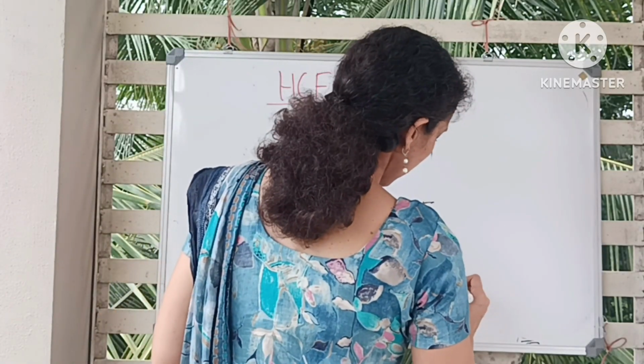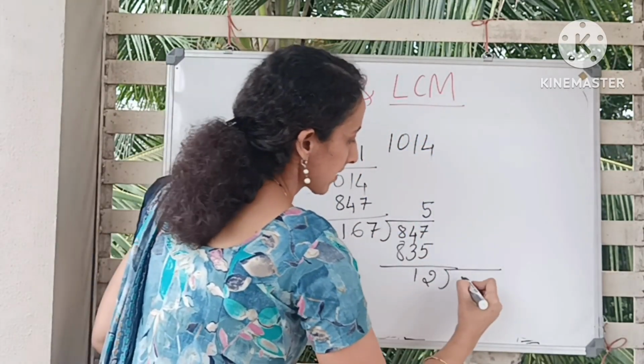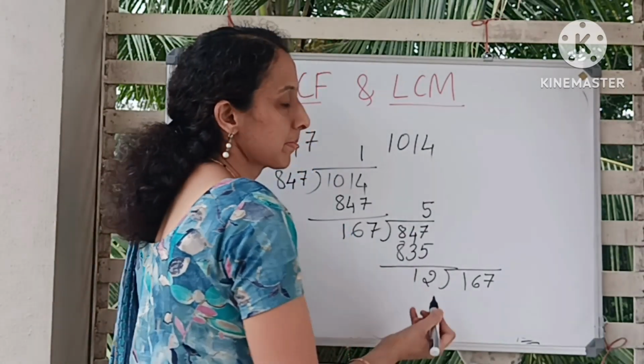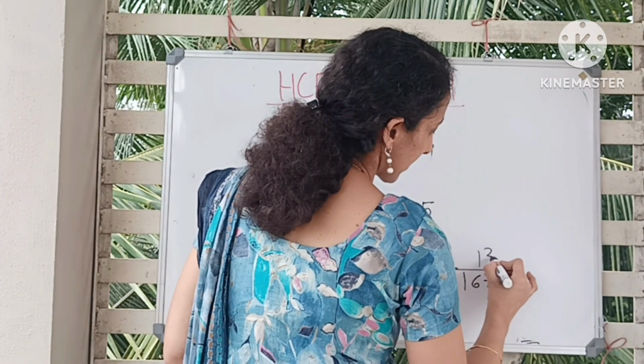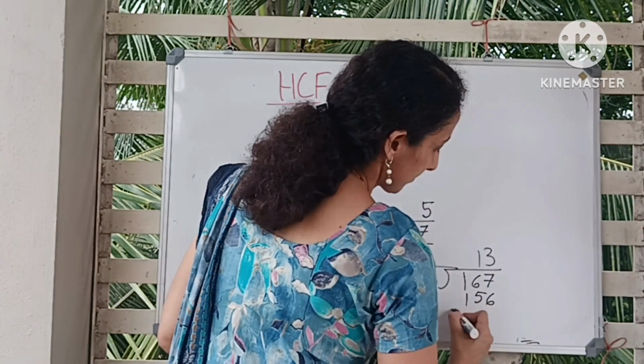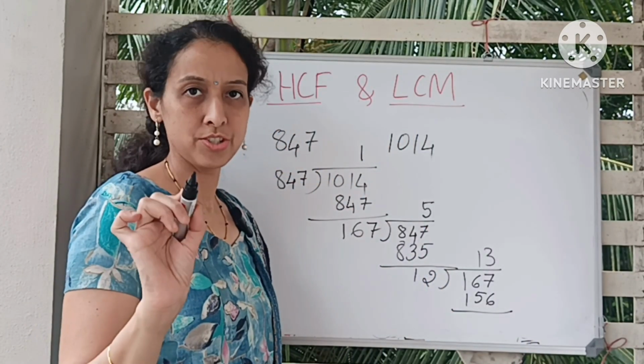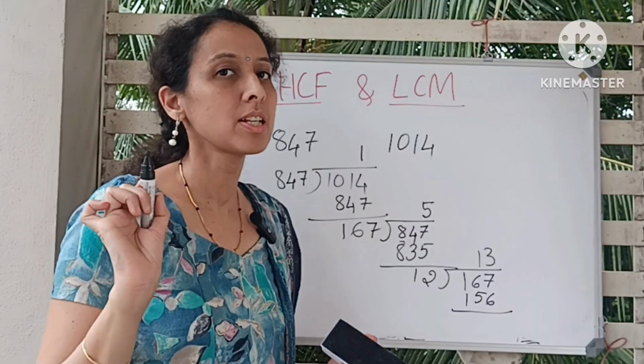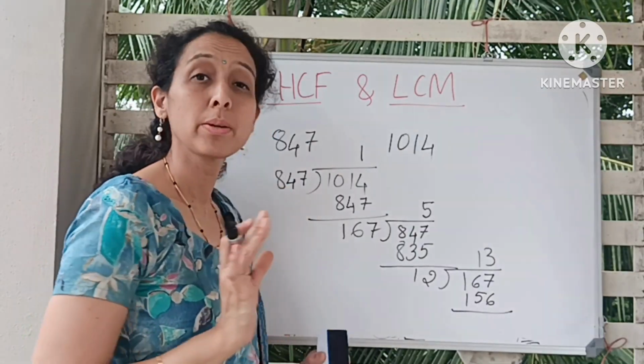Now let me divide this 167 by 12, and I can see that 12 13s are 156. An important suggestion for all the kids is that you should be knowing your tables till 20. This helps in solving many problems.